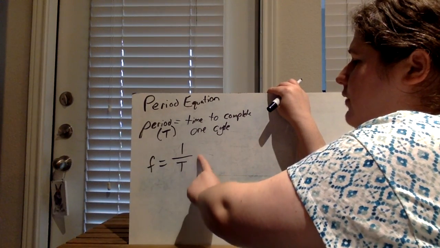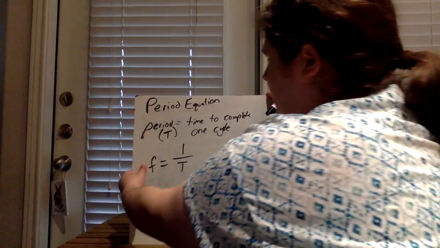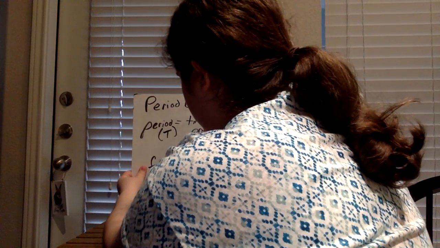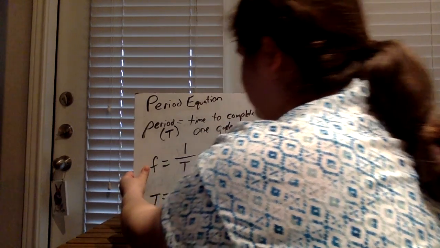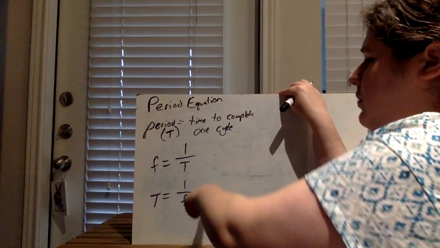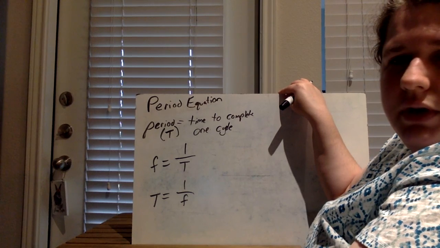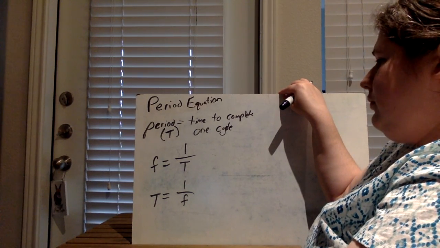Frequency is equal to 1 divided by a period. You can also rearrange this to give you period is equal to 1 over frequency. So they can switch. Basically it's the inverse of whatever it is that you are given.